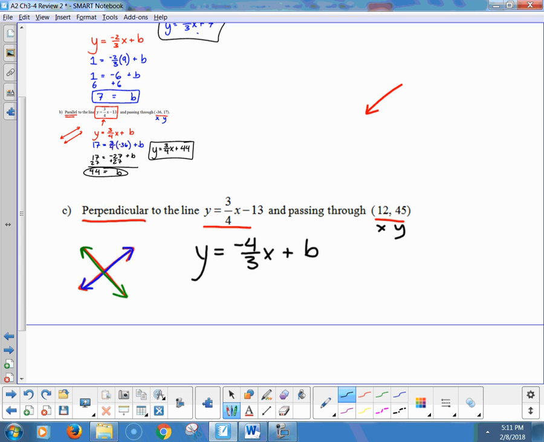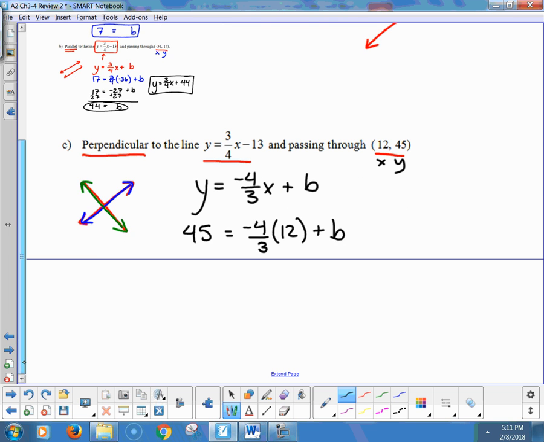Again, I'll plug in the point. I get 45 must equal negative 4/3 times 12 plus b. Let's see, 1/3 of 12 is 4. So 4/3 of 12 must be 4 times that, so negative 16 plus b equals 45.